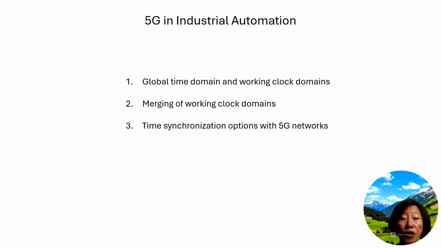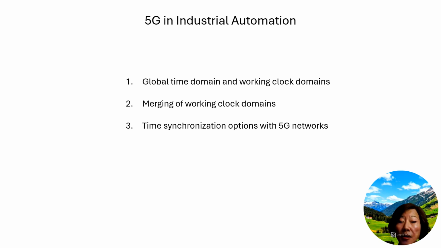To support multiple time domains, 5G employs techniques like time domain isolation, where different network slices can operate with independent time bases. This allows the system to support both global time sync and local working clock domains simultaneously.